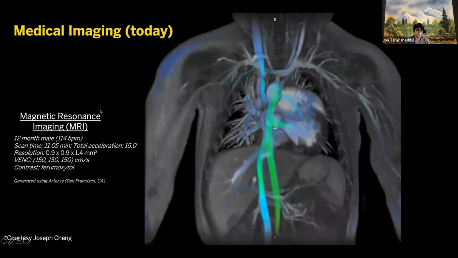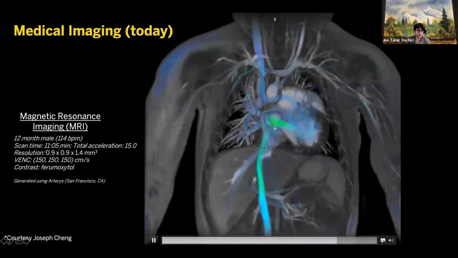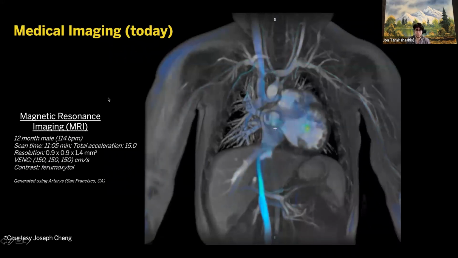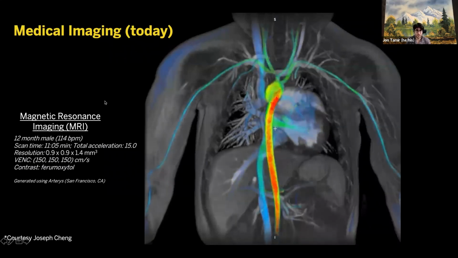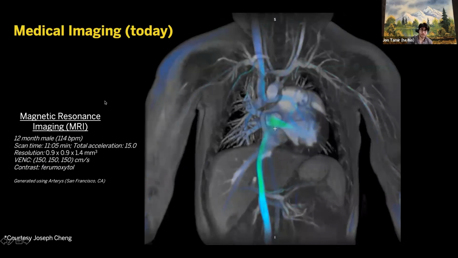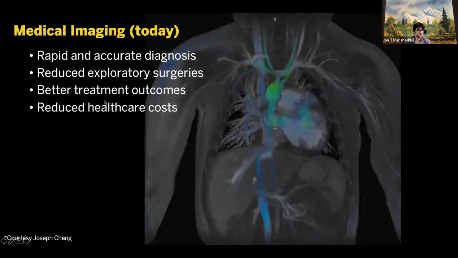And as the heart beats, we also see these traces, these colors of the speed of the blood flow. So it is quite remarkable what we can do non-invasively now with medical imaging. As a result, this has led to rapid and accurate diagnoses. It's reduced the need for exploratory surgeries. It's led to better treatment outcomes and reduced healthcare costs.